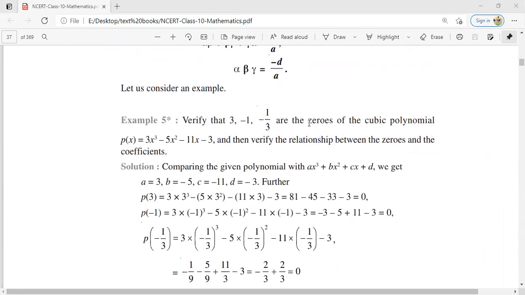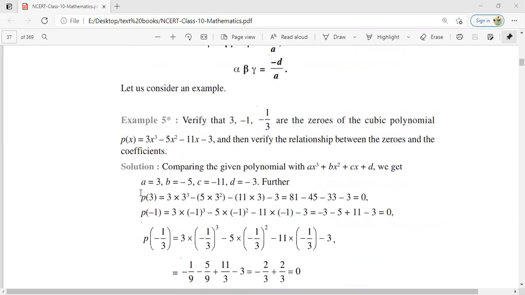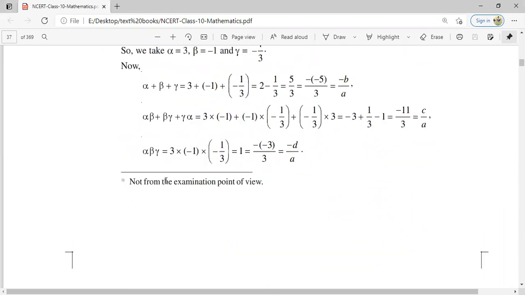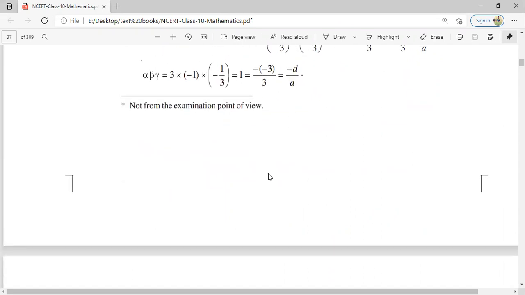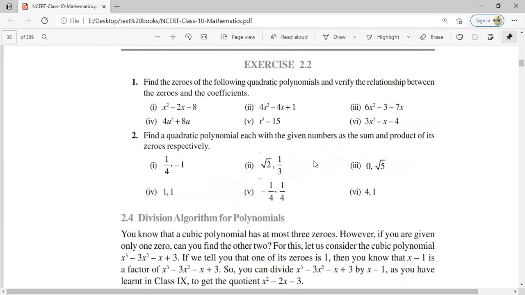Cubic polynomial, verify the zeros and verify the relationship between them. This is the relationship for cubic polynomials we have seen. It is also there, but you will find a star there, which shows that it is not from the examination point of view. But we have to do it because it was asked sometimes, maybe asked, so we will do that one also.